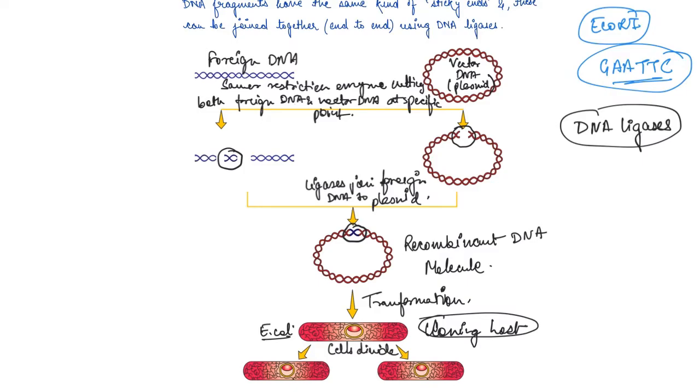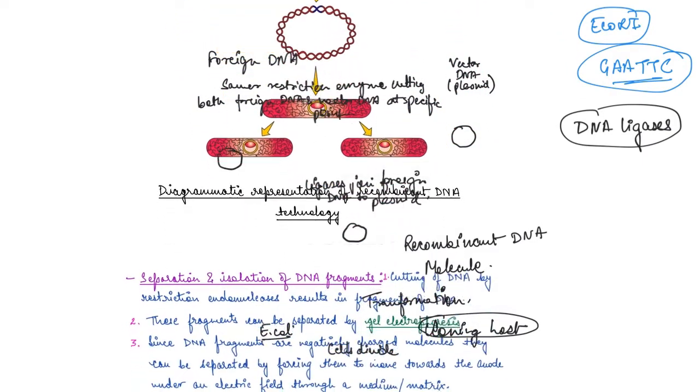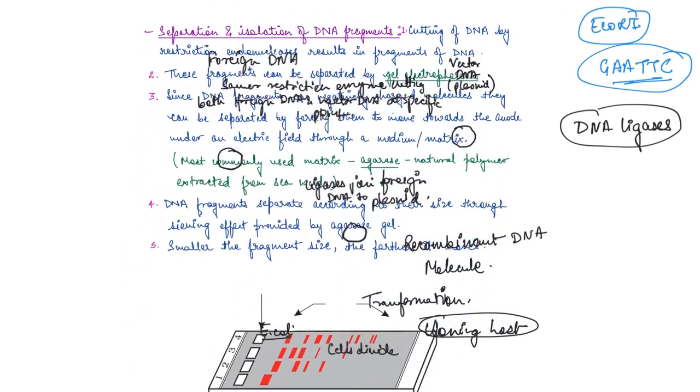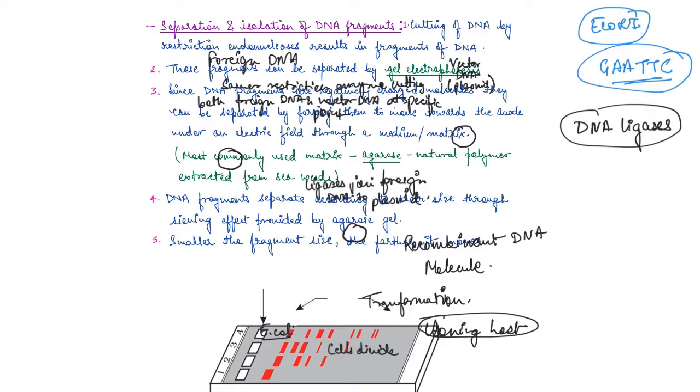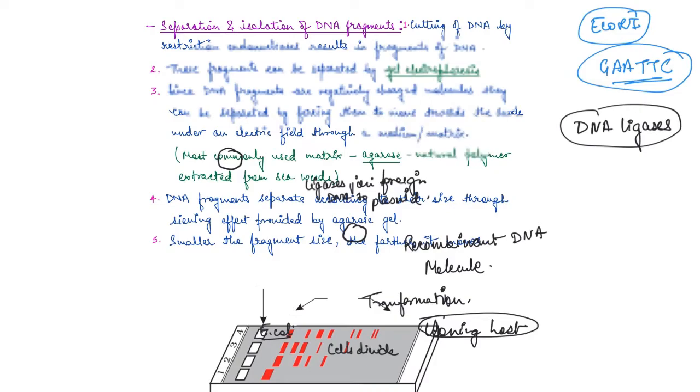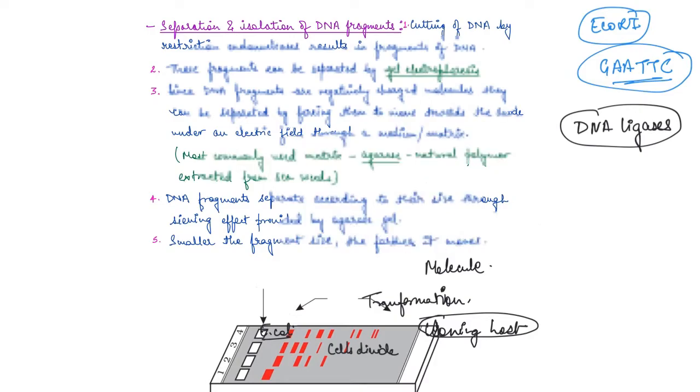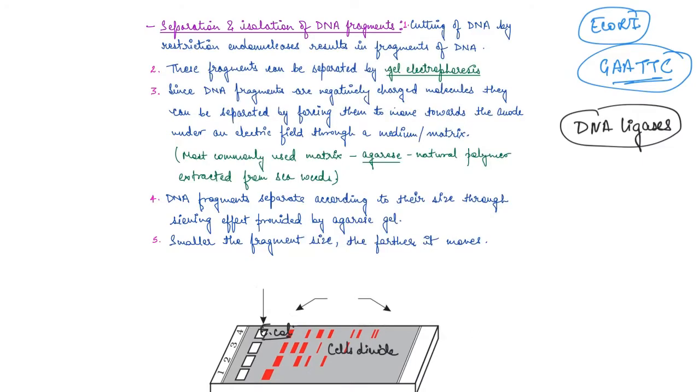I hope you understood how it happens exactly. We'll see one more topic: how do we actually separate and isolate the DNA fragments? Till now, we understood how we isolate, cut and integrate, but how do we separate and isolate the DNA fragments? We'll see that as well.